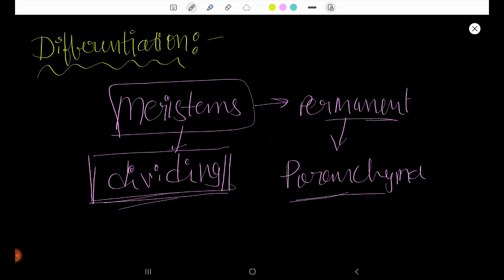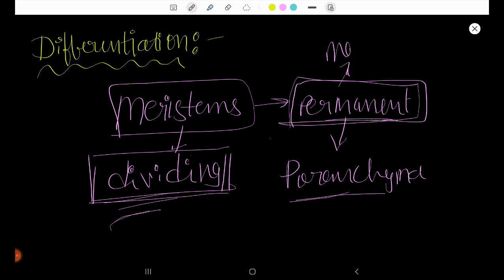Now, meristematic cells possess the ability of dividing, but permanent cells are mature cells. That's why they are placed in the maturation phase, and they do not have the ability of dividing.